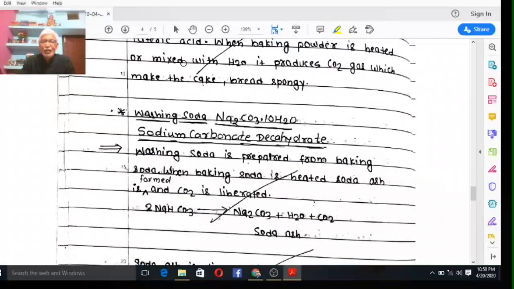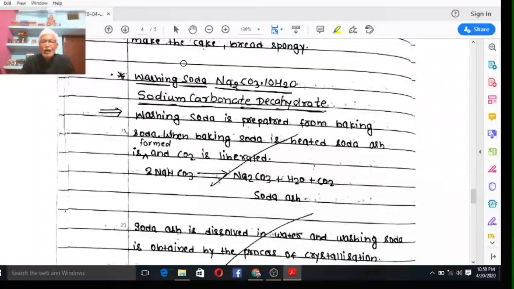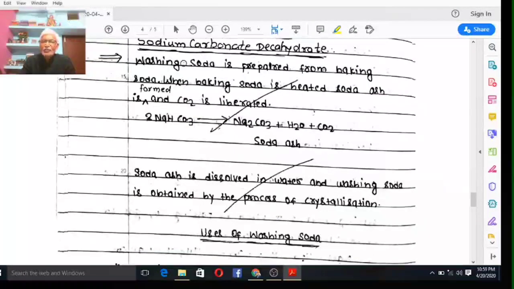Now we have to read about washing soda. Its chemical formula is Na2CO3.10H2O and its chemical name is sodium carbonate decahydrate. Washing soda is prepared from baking soda.